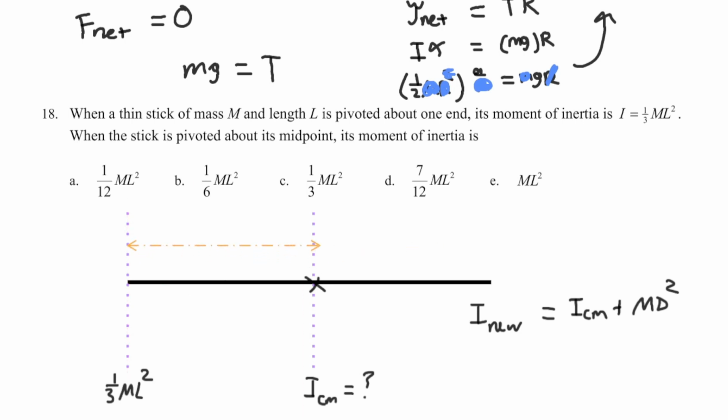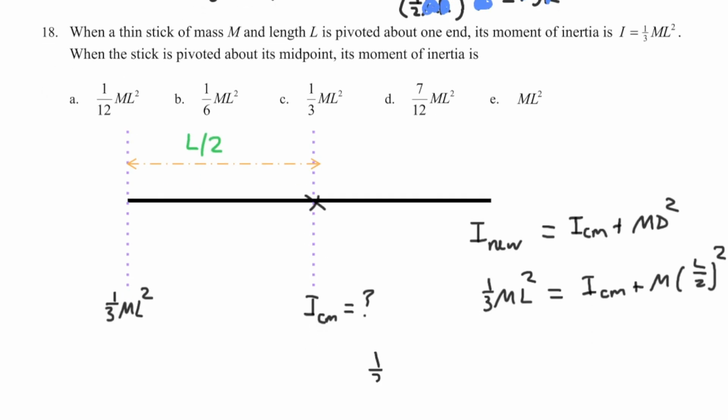So in our case, that's just a distance of L over 2. So this is saying that 1/3 ml squared, because that's our new moment of inertia, is equal to I at the center of mass plus m times L over 2 all squared.